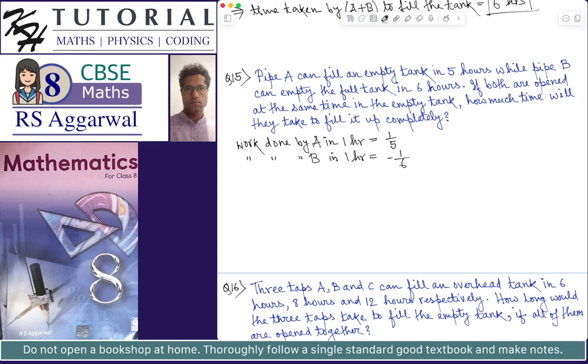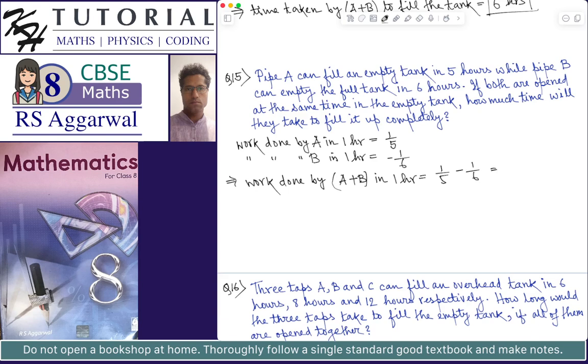Okay. So this implies the work done by A plus B, that is when both the pipes A and B are working together or both the pipes A and B are open. So work done by A plus B in 1 hour is 1 by 5 minus 1 by 6.